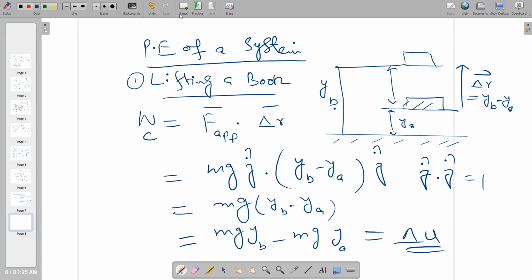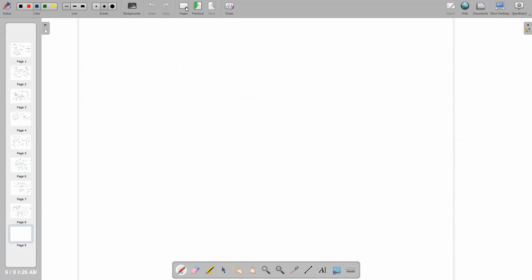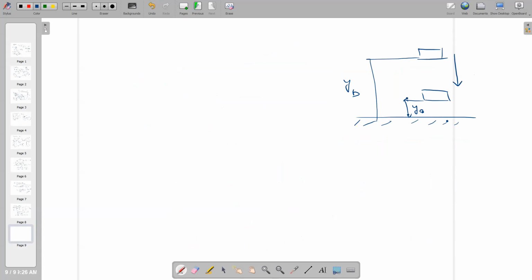Now, in another case, we want to let the book fall from this height down. So what will we do? The same situation: this is the ground and this is the book, at YA, and at this position it is YB. Now it is coming down. So with which force will it come down?